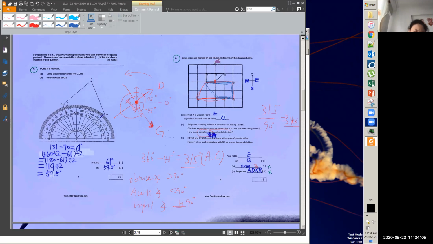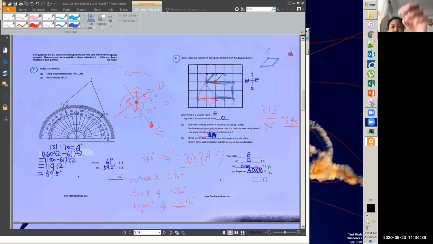Now it says name one other such trapezium with RB as one of the parallel sides. RB, where's RB? RB is here, right? Then what you need to draw is R, B, D, X. You just have to link up these 4 points.